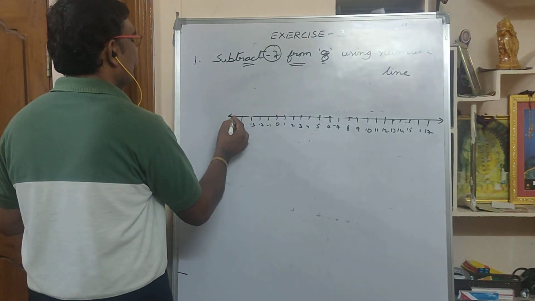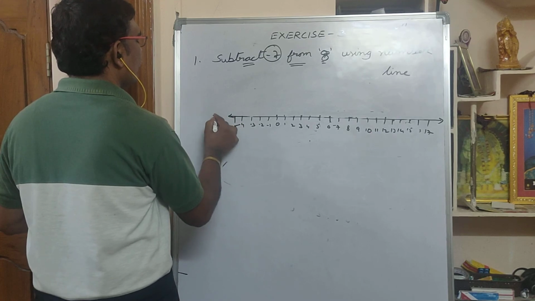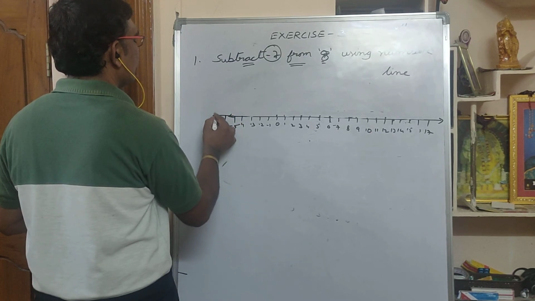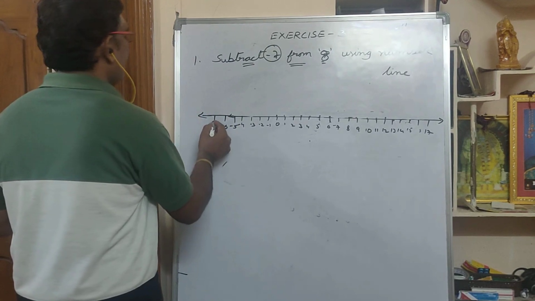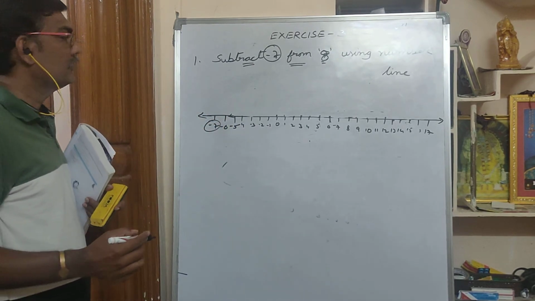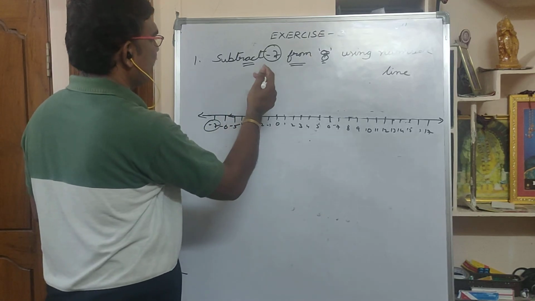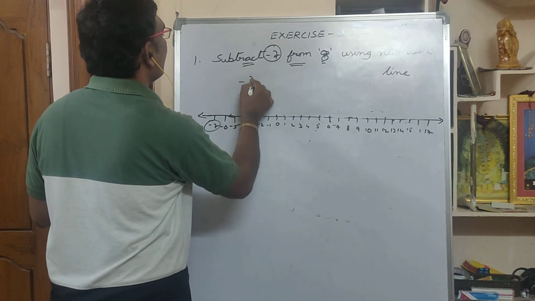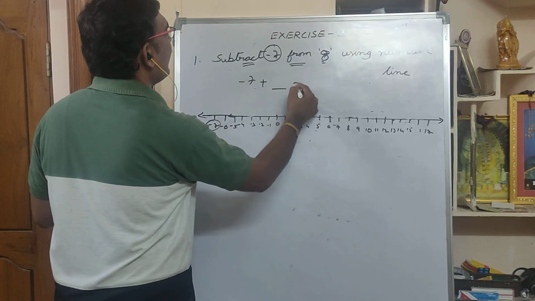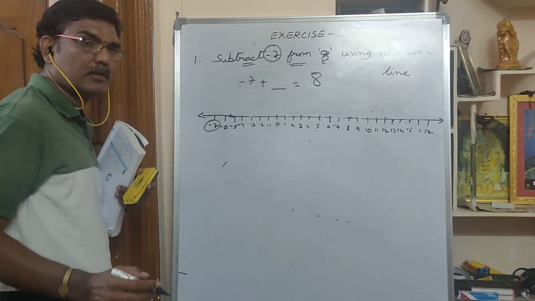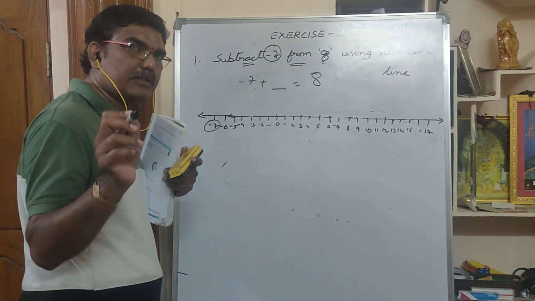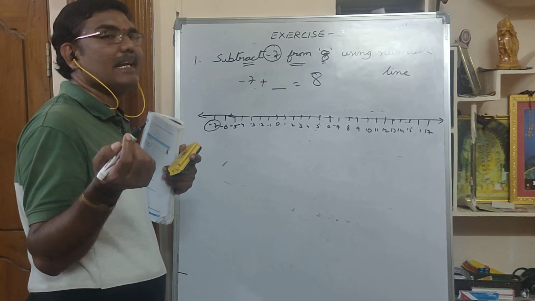So it is minus 4, minus 5, minus 6, minus 7. So minus 7 is here or not? So by seeing this, what I said, to the first number minus 7, with which number you have to add to get 8?